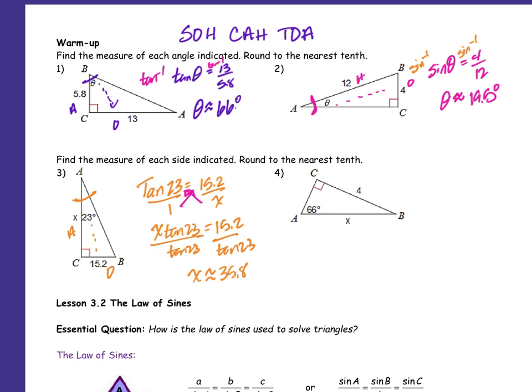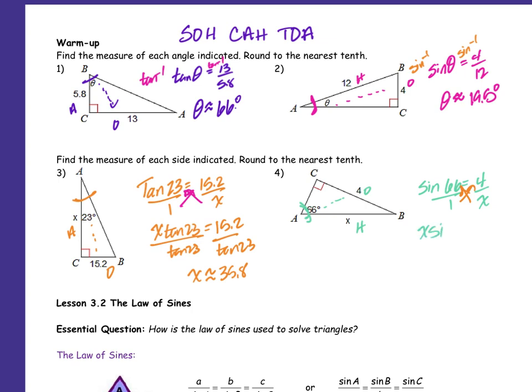And then the last one, here's my angle. And I have the side opposite again and the hypotenuse. So that is sine. So I have sine of 66 equals 4 over x. Cross multiply. And I get, what do I get?